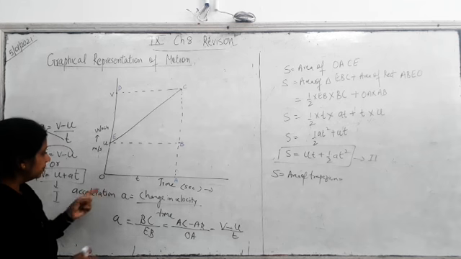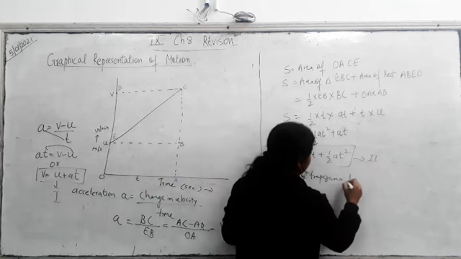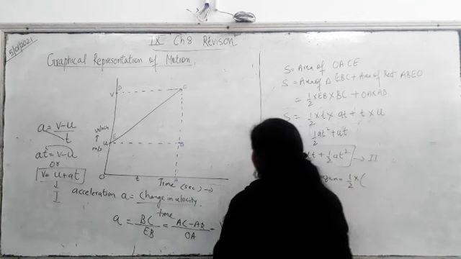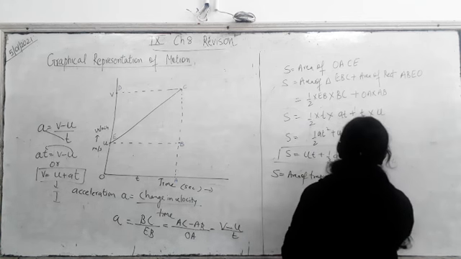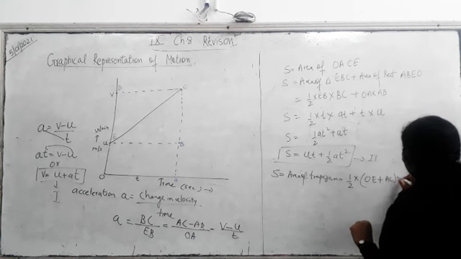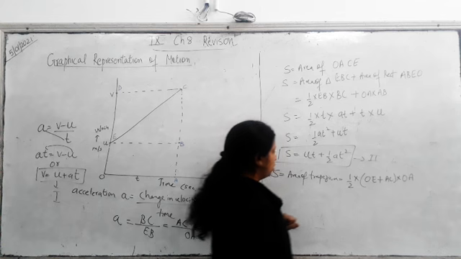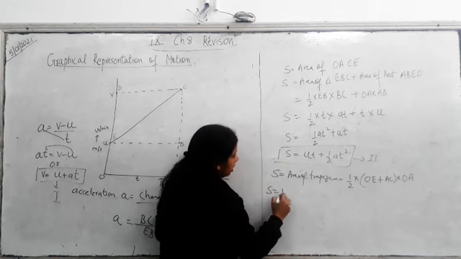And this height is OA, right? So if I write here, half into opposite sides, OE plus AC, into height. Height is OA. Okay, so S is equal to half.